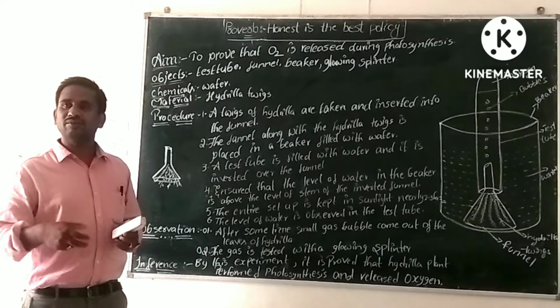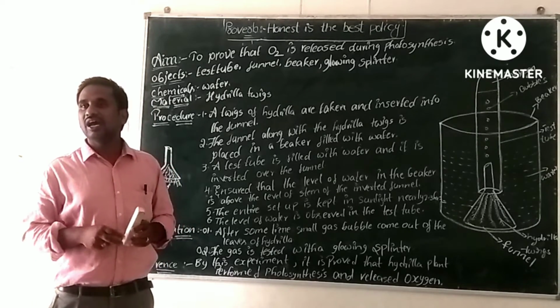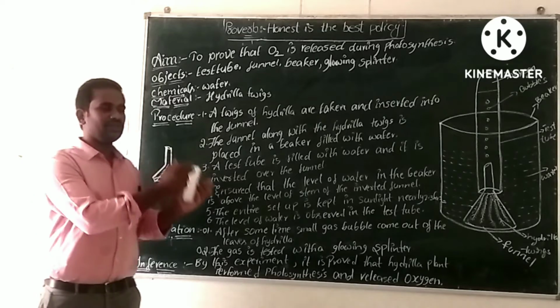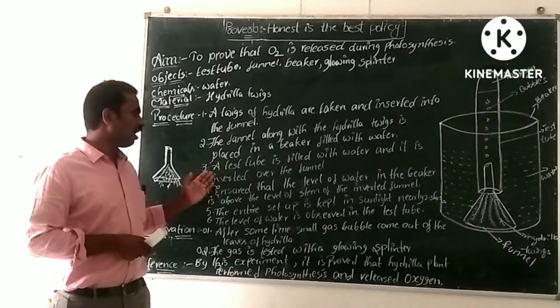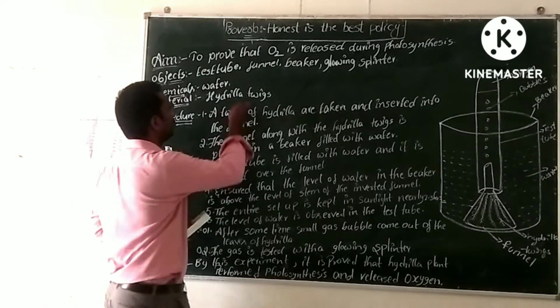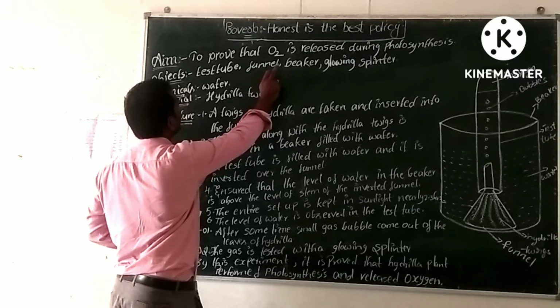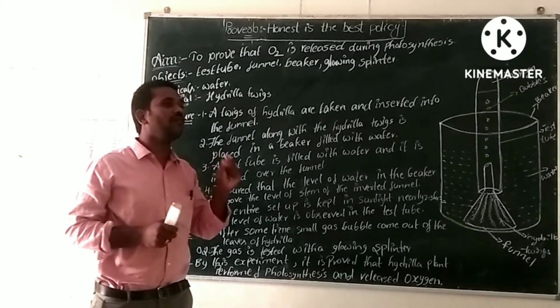We will already take a beaker with water, and this total arrangement will be kept in the water. Next, we will take a test tube also, with some amount of water in it.